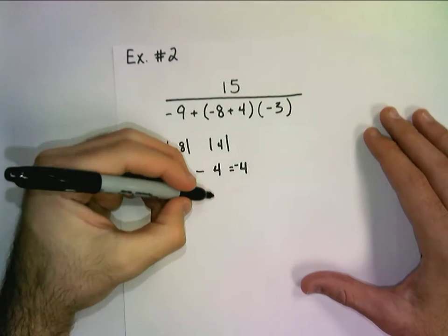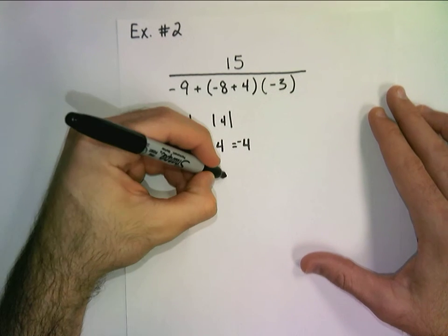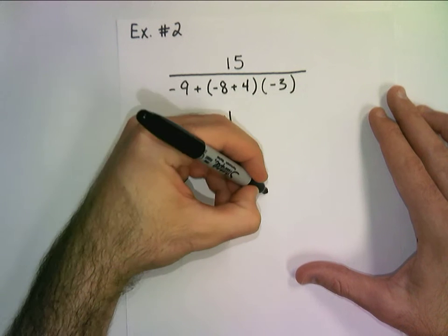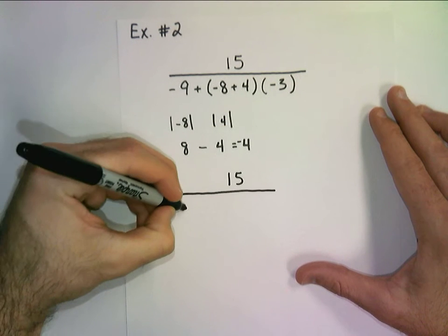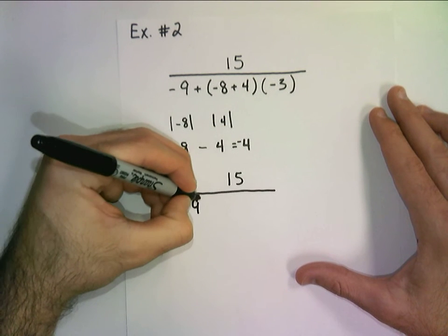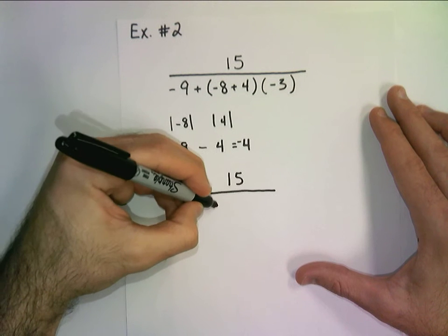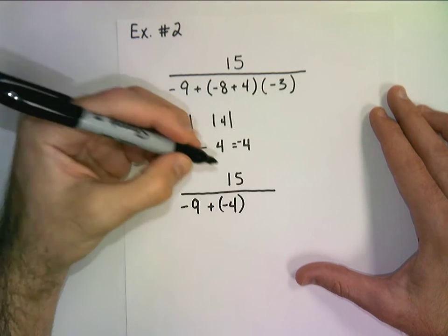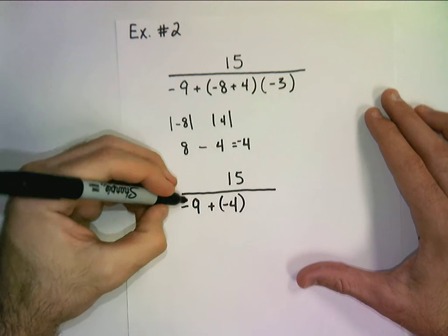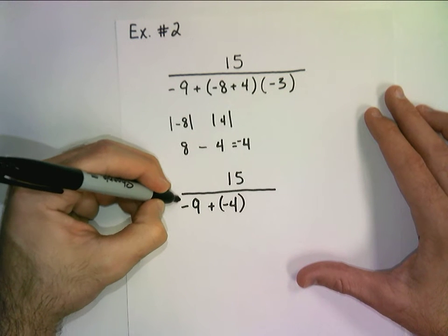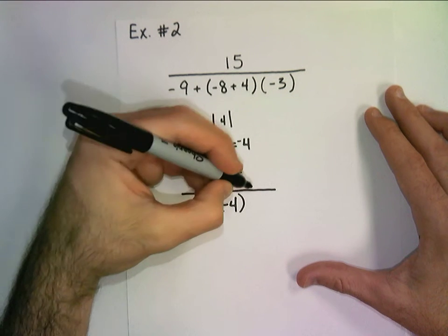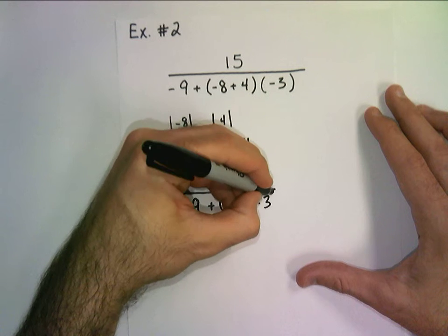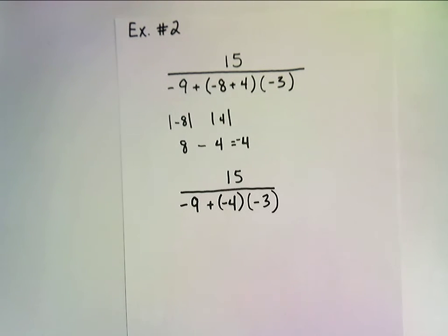So what I'm going to go ahead and do then is copy down everything that I have. So 15 divided by negative 9, plus negative 4, times negative 3.